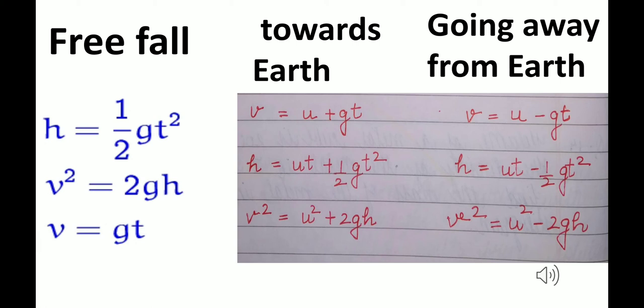These are the equations of motion which will be applied in these different cases. Whenever you are solving a numerical, you have to keep in mind whether the body is going up, leaving the surface, coming towards the Earth, or having a free fall, so you know which equation to apply directly. Okay, so let's move further.